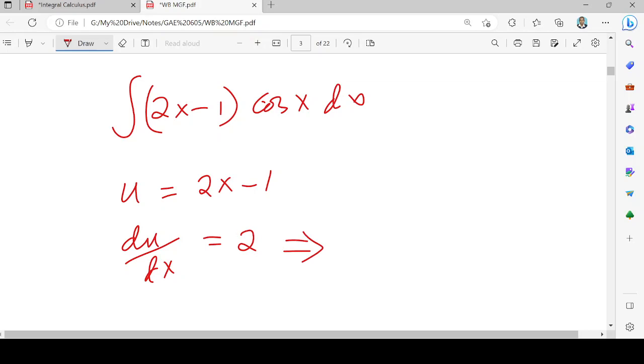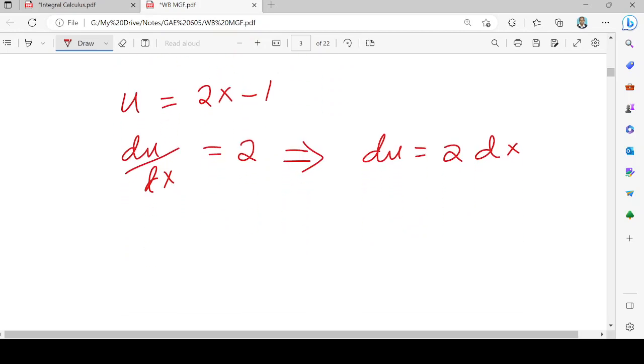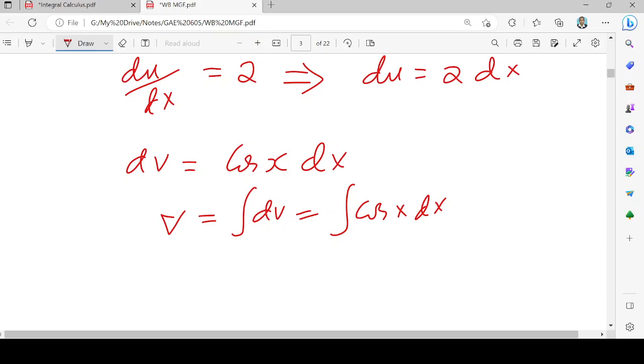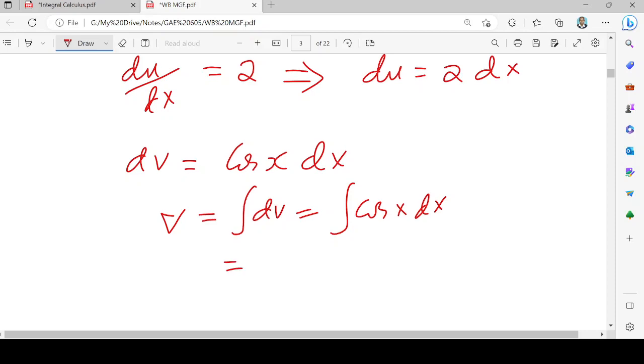And from here we get du is equal to 2 dx. Then dv is equal to cosine of x dx. So v will be the integral of dv, which is the integral of cosine of x dx. Integration of the cosine function will give us the sine of x.